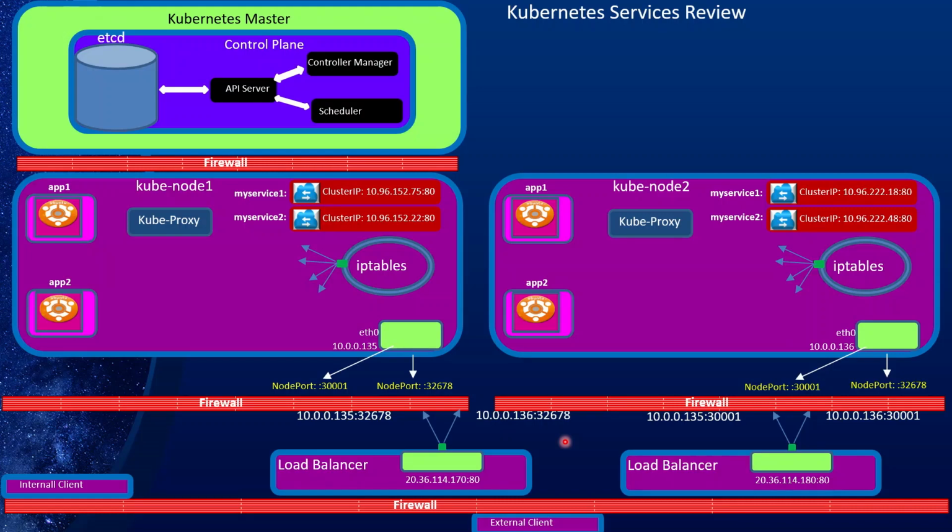We can create rules for that, and then depending on what service they're calling, they go to different services. So that makes management of services, especially coming in from outside the cluster, a lot easier. And that is something that we're going to discuss next, what ingresses are and how they work.